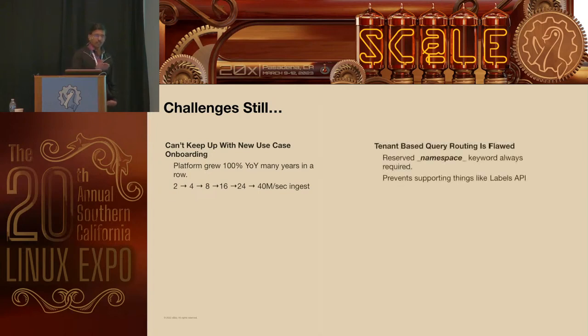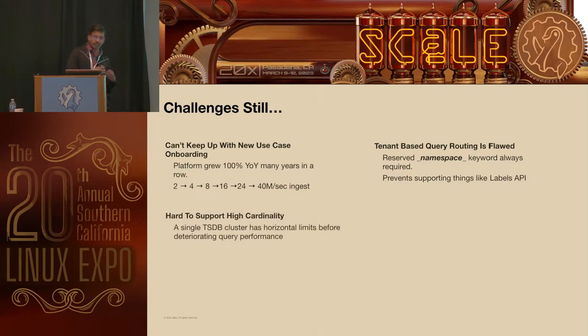Like I told you, the namespace is a mandatory label, so every query needs to have it, which means it is difficult for us to support things like a labels API, where if I just say pod equal to, I cannot find out what all the pods are in all the TSDB shards, because I first need to tell what namespace I want to look at. This was problematic in the sense that when people try to use autocomplete on something like Grafana, they wouldn't be able to effectively make use of it.